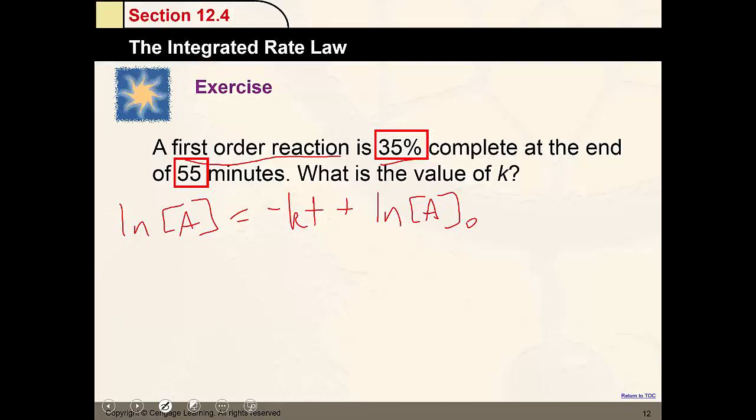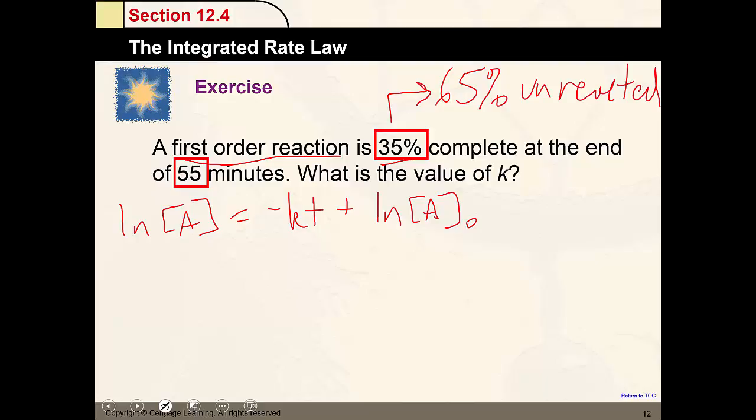Okay, so here's where it's a little bit tricky. So if a reaction is 35% complete, you have to think about, okay, how much of this reactant A is left unreacted? So overall, for any reactant, there's always going to be 100% of it. So that means if this reaction is 35% complete, that means for A, there's 65% of it unreacted.